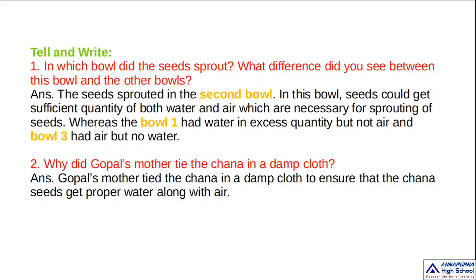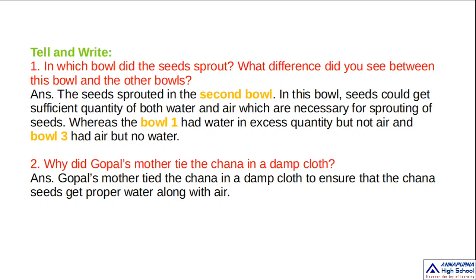In this bowl, seeds could get sufficient quantity of both water and air, which are necessary for sprouting of seeds. Whereas bowl 1 had water in excess quantity, but not air. And bowl 3 had air but no water. So that is the answer.